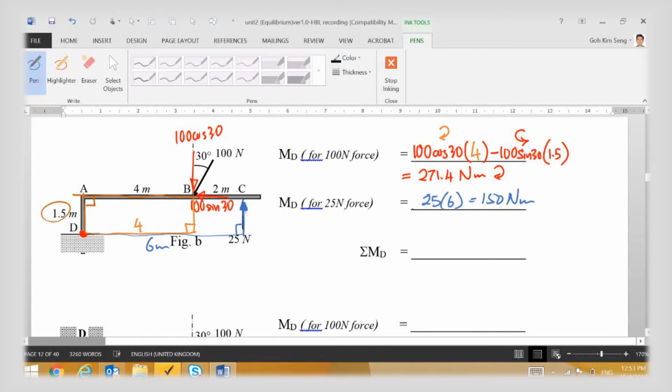We will have 271.4 minus 150, and that gives us 121.4 Newton meter, and it is clockwise.